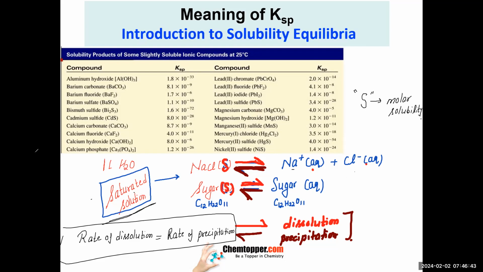And what is molar solubility? It's the concentration of these ions, this sugar, in moles per liter. How many moles are there in 1 liter? Are you clear about this word, children? S. Are you clear?